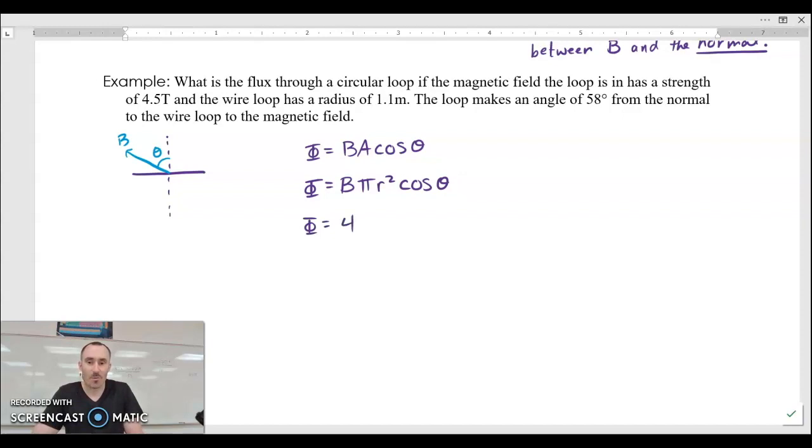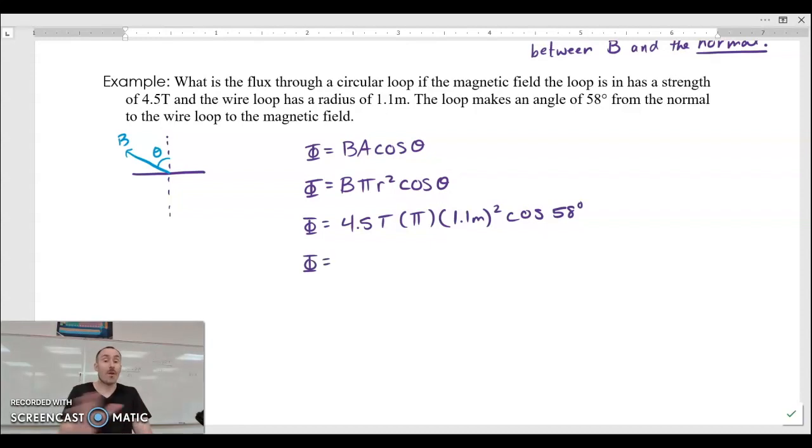So that is 4.5 Teslas times pi times the radius, which is 1.1 meters, and we need to square that radius, and then we want to multiply that by the cosine of 58 degrees. Okay, no algebra required because it's asking us for the amount of flux there is, so we just need to multiply all those things, and you should get 9.1 Webers.